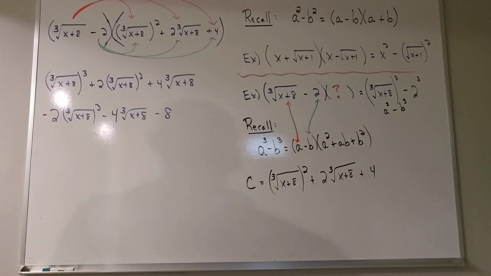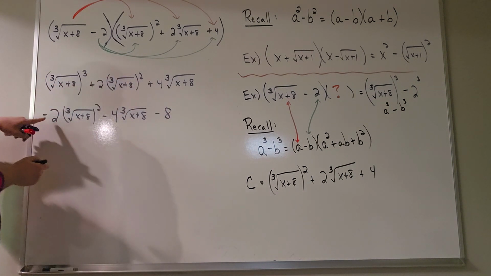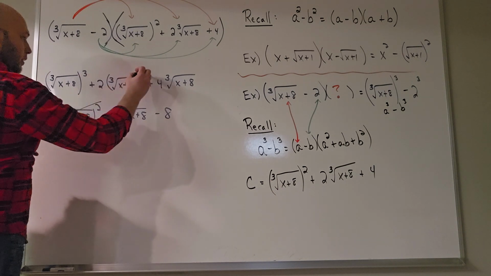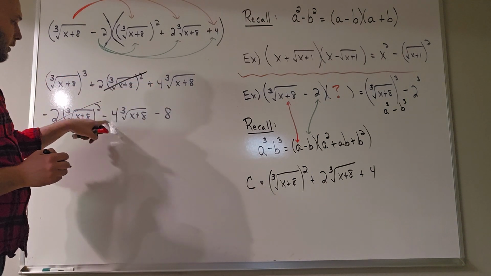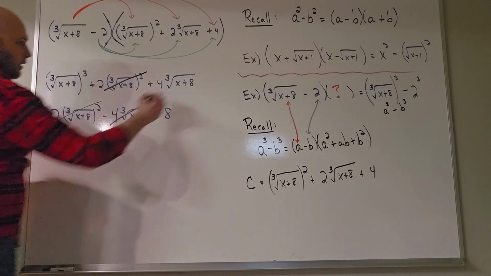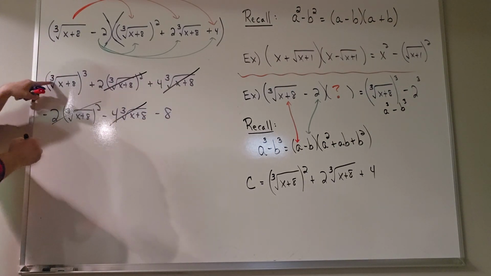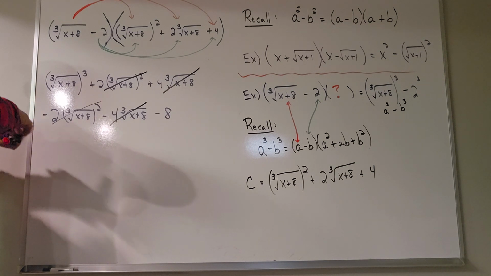All right, now let's see what cancellations we have. Twice the square of a cube root minus 2 times the square of the cube root, so that term and that term go away. And then I've got plus 4 times a cube root minus 4 times a cube root. That and that go away. And then I have the cube of a cube root, which leaves just x plus 8.